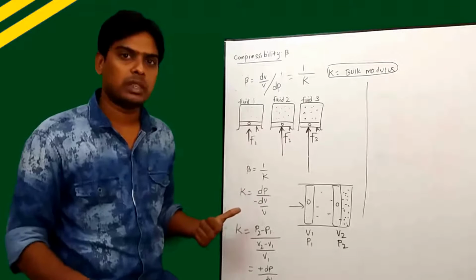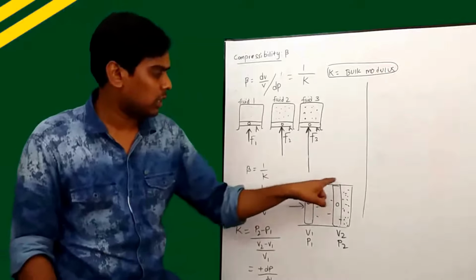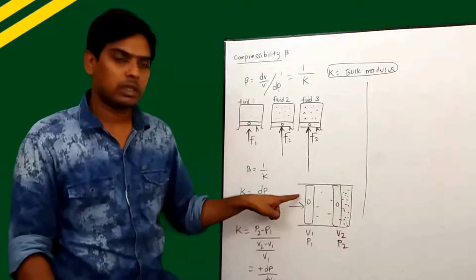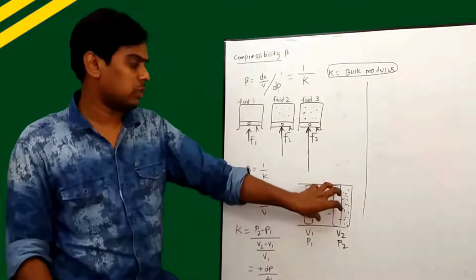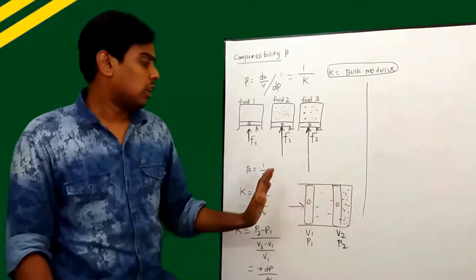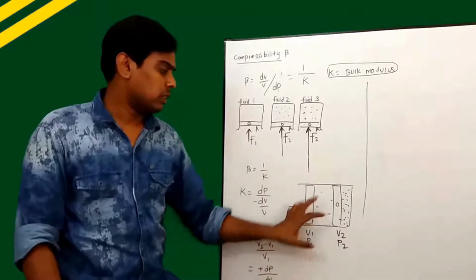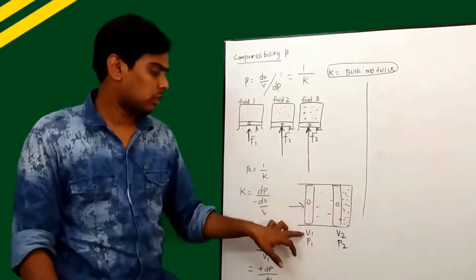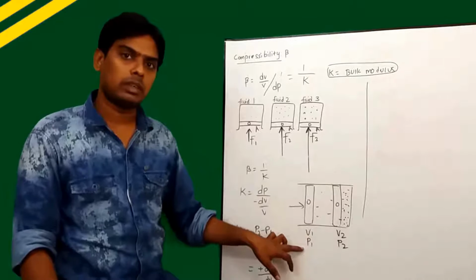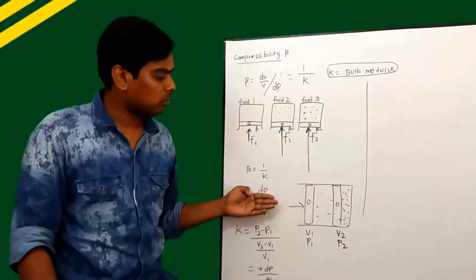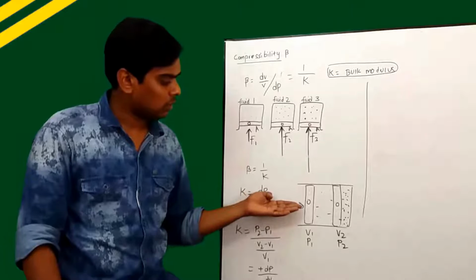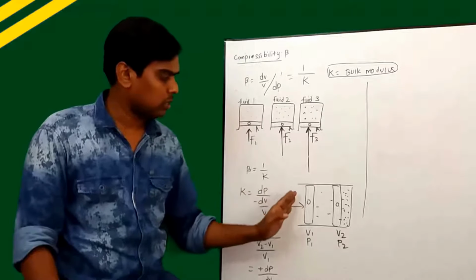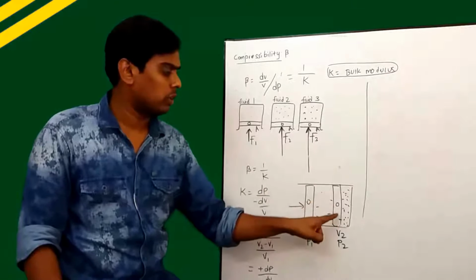What is volumetric stress? For example, consider a cylinder and a piston arrangement with some gas inside. Initially, the volume inside the cylinder is V1 and pressure is P1. Now I apply some force on that piston so that the piston will move and occupy a new position.